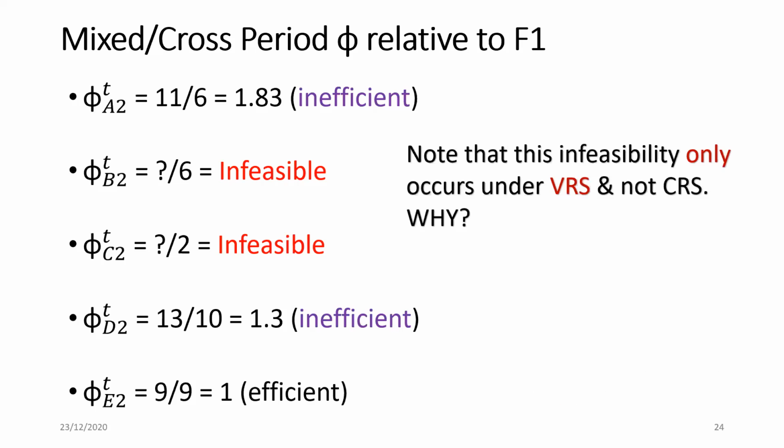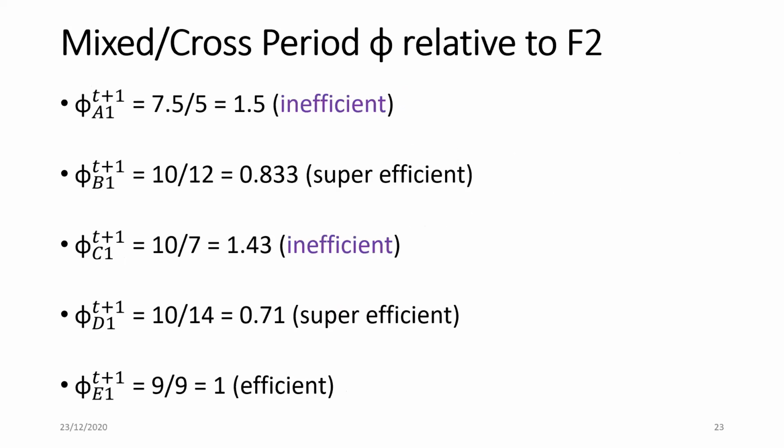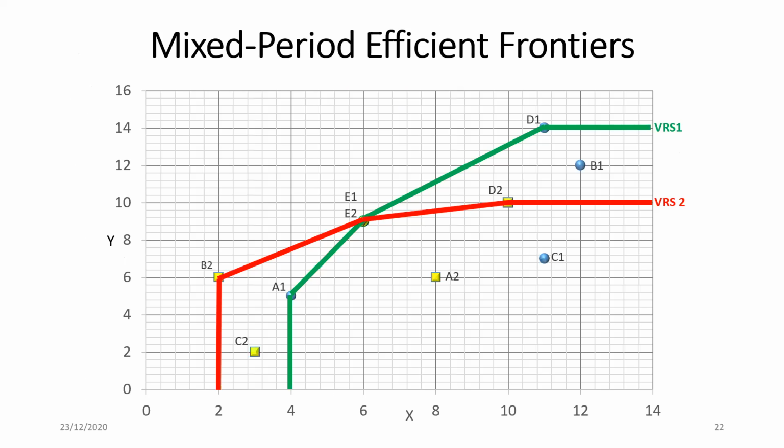So note the point there that the infeasibility only occurs under the VRS, not the CRS. And the graph we are using is VRS. Who can tell me why we will never get infeasibility under the CRS? Look at the graphs and it will help you. Yes, Chris.